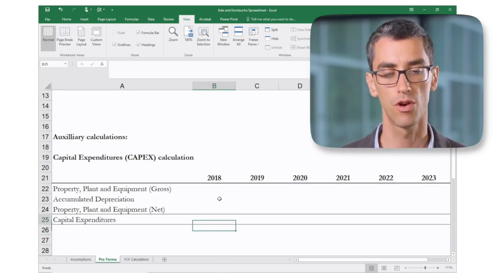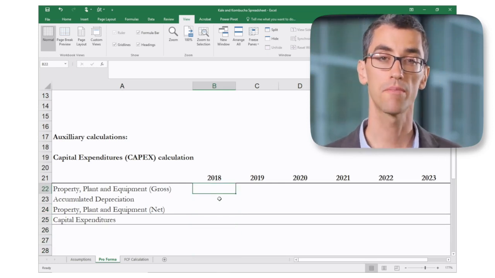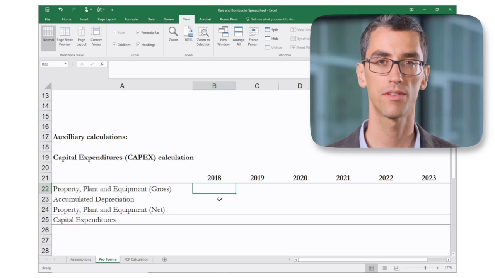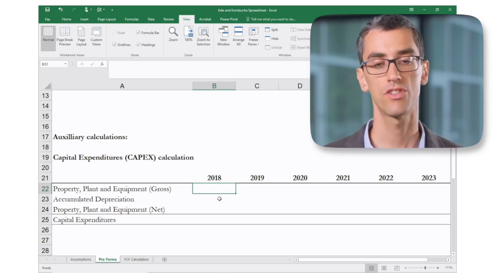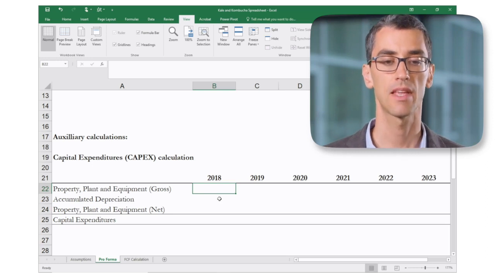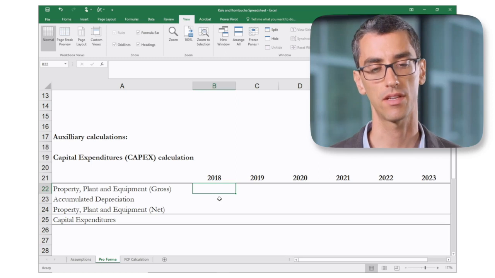I want to go through how one would obtain the gross amount of property, plant, and equipment, then how accumulated depreciation changes over time, and then how we obtain the net amount of property, plant, and equipment.